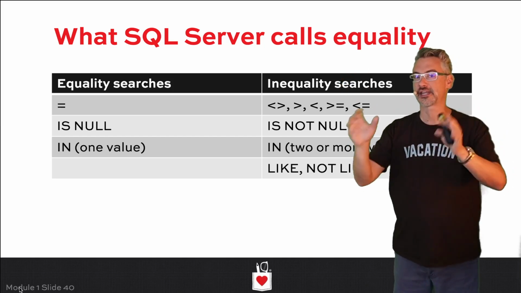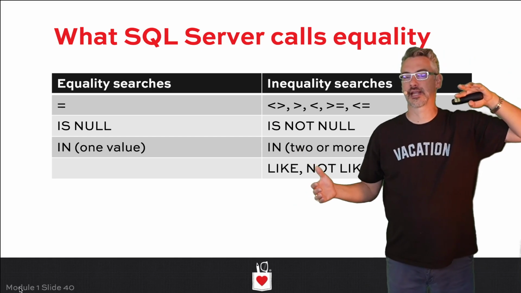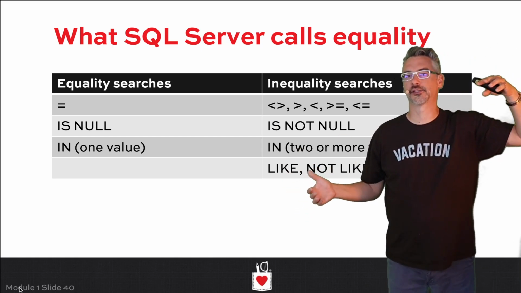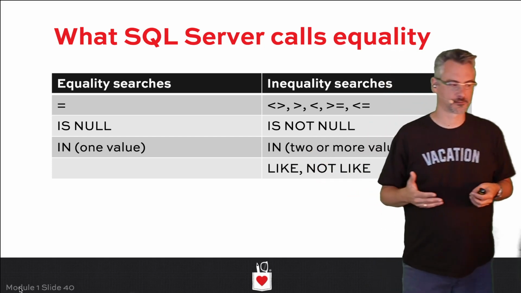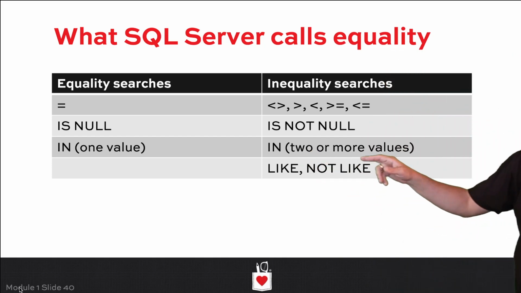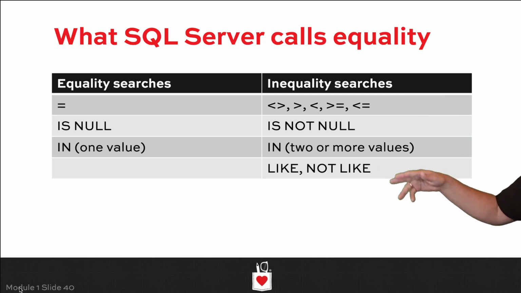It seeks on each of the values. You have to have a pretty big number of values before SQL Server will just end up scanning. Most of the time it does seeks. And finally, like and not like are considered inequality searches, whether you use percent signs or not.